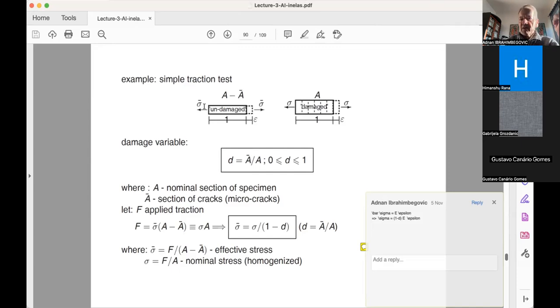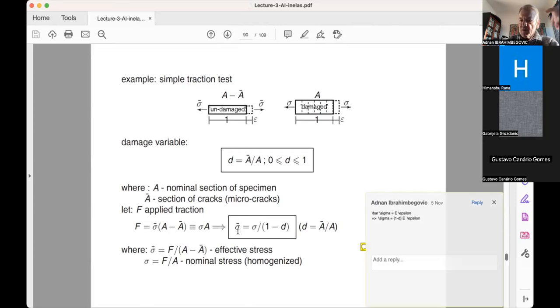Or I take the effective stress, sigma bar, and I multiply this with the healthy cross-section, which is A minus A bar. And these two should be the same, basically. And then I can say that the real constitutive behavior only concerns the healthy stress, so the healthy part. So I can have an effective stress sigma bar equal to E times epsilon.